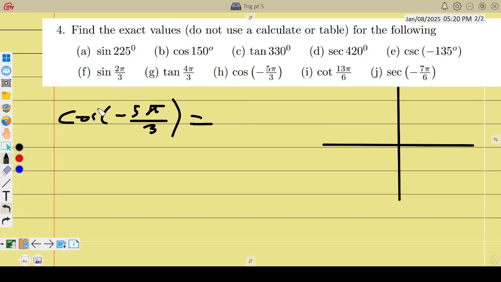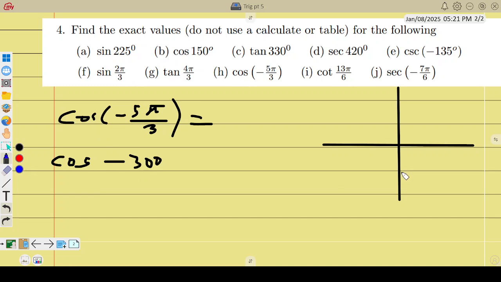So those who converted, this will be cos. So negative 5 pi over 3, you are going to get negative 300. Alright, so I've converted to degrees. So this is negative 300.